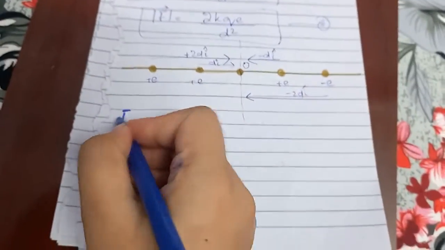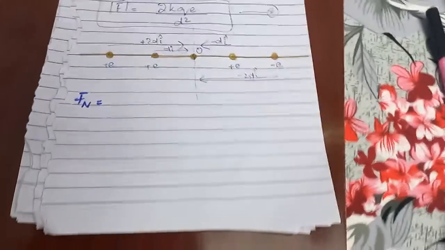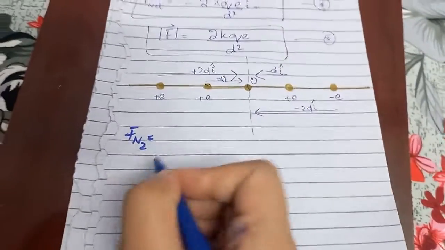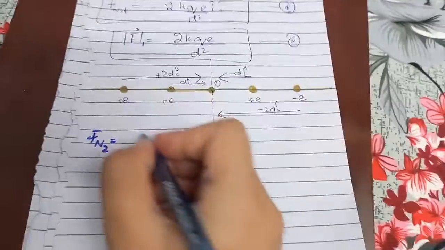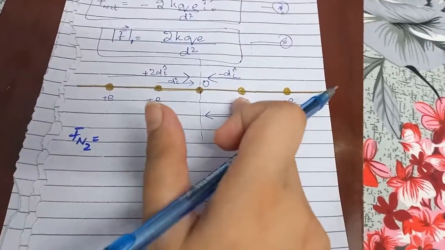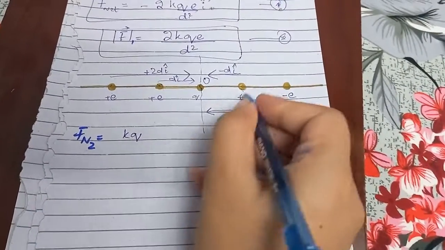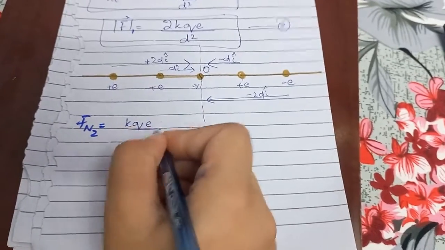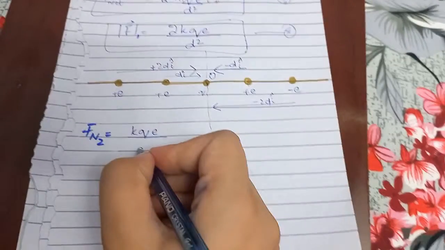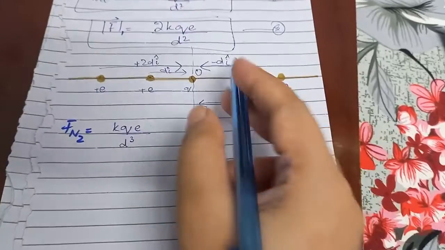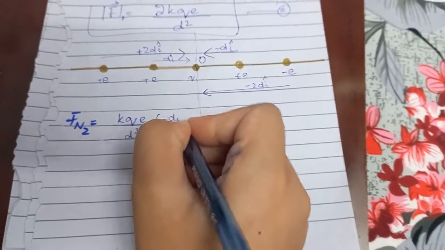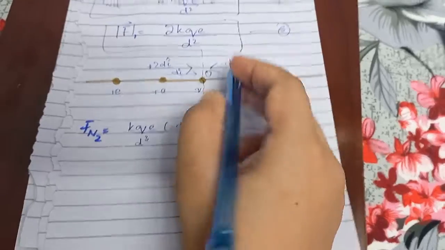Now let's find the net force in the second situation. Let's call it Fn2, and the earlier one Fn1. That will equal the force due to this one: k q, the charge is plus e over d cube, because the magnitude is d cube, and the vector is minus d i hat.